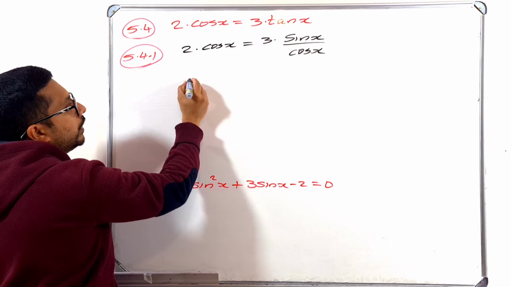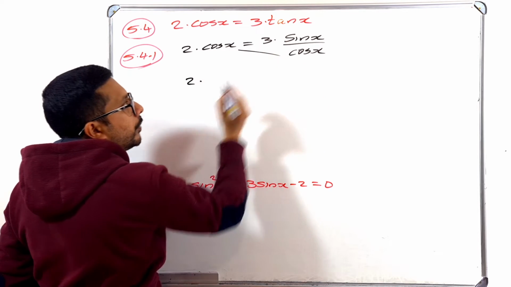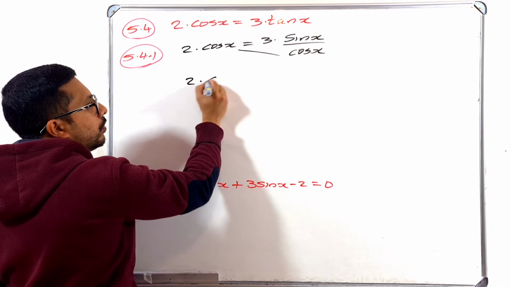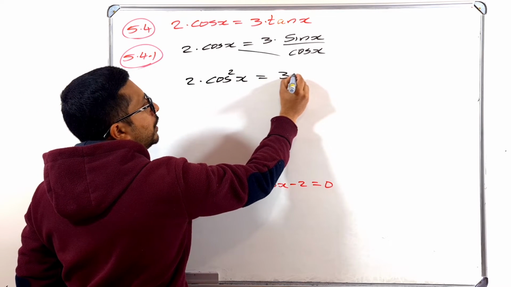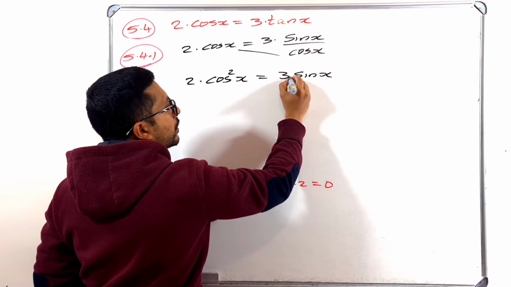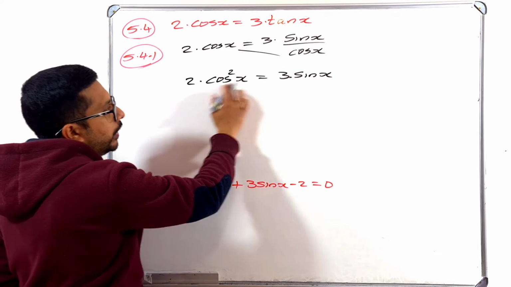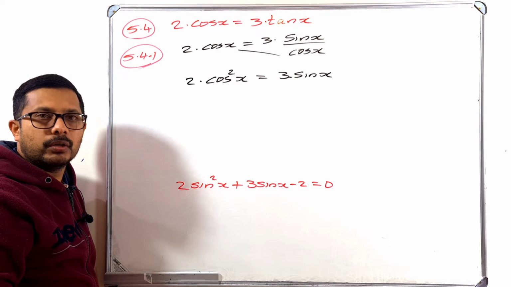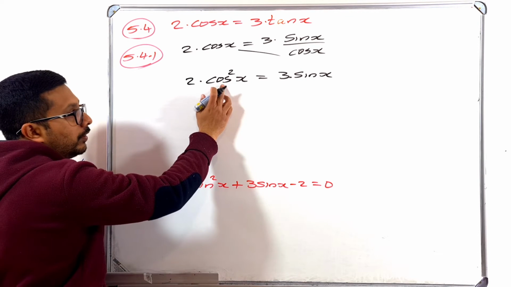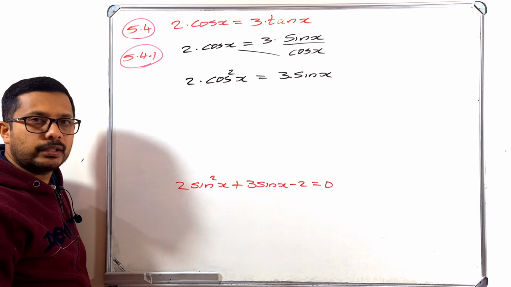Okay, so here it is 2 into cos x times cos x. This one will multiply each other, so it is cos square x is equal to 3 sin x. Okay, so now in our expression there is a cos squared x, but we want only sine, so how can we convert that into sine?